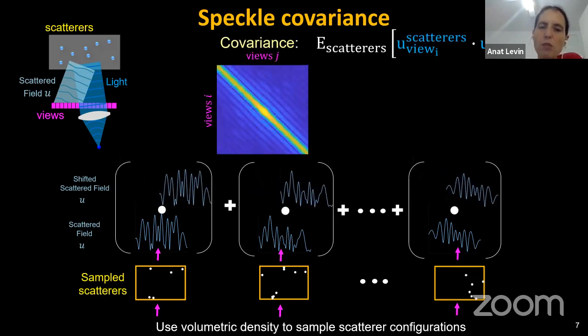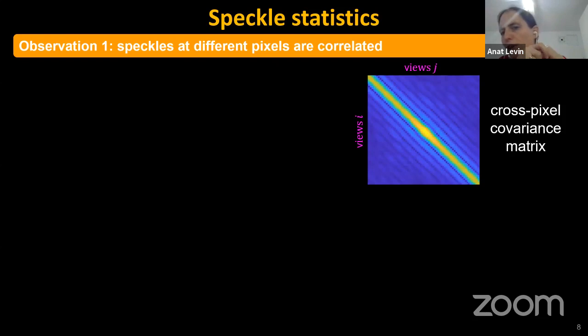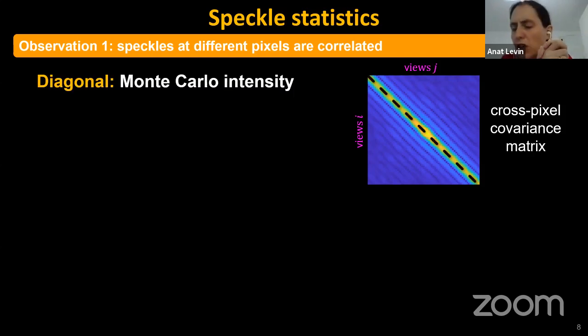And essentially we get a covariance matrix. Every row in this covariance matrix is equivalent to pixel I multiplied by all other pixels in this field, averaged over multiple particle instantiations. Now, if you look at this covariance matrix, what you usually compute with a Monte Carlo ray tracing algorithm is just the diagonal of this matrix.